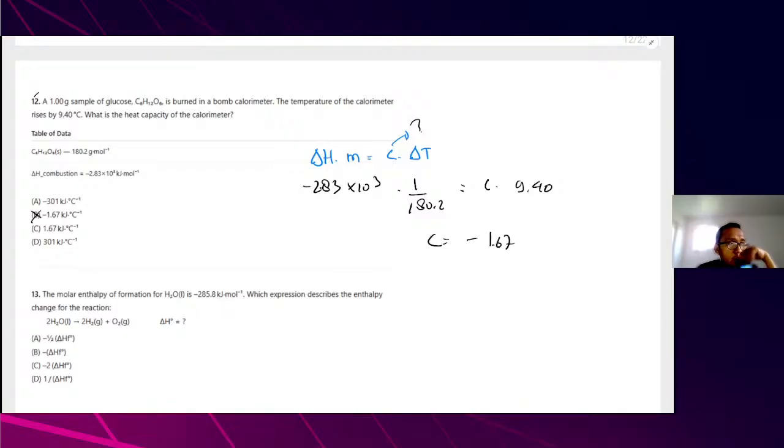So heat release, right? Bomb calorimeter. The reaction releases heat.